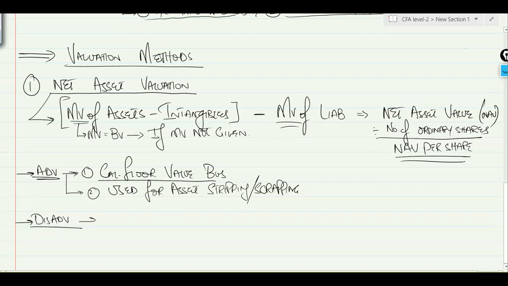But along with that, there are certain disadvantages too of this method. Number one is that it ignores intangibles. So if a business has a high amount of intangibles, such as KFC. KFC has a huge amount of goodwill, a huge brand name.